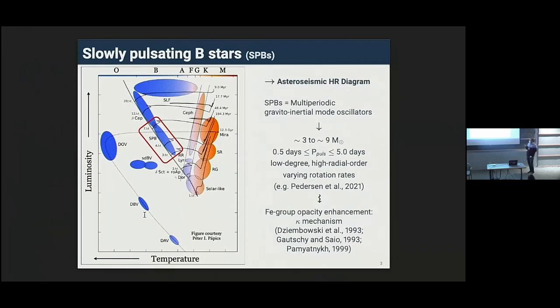The gravito-inertial modes are excited by the iron group opacity enhancement around 200,000 Kelvin in the radiative envelope. And so they drive the modes by means of the Kappa mechanism, or the heat engine mechanism.